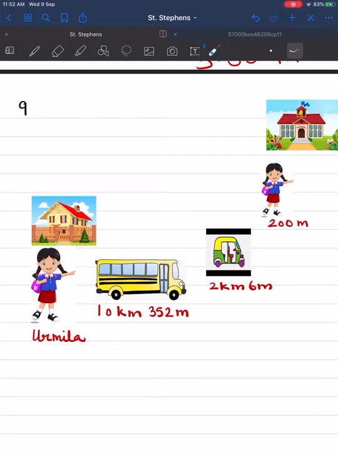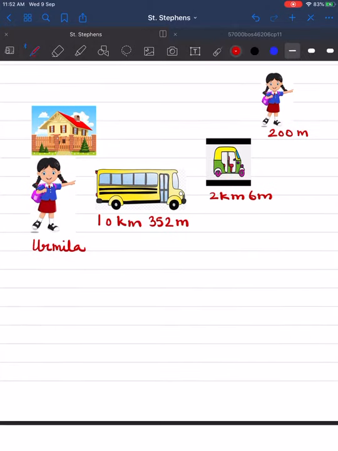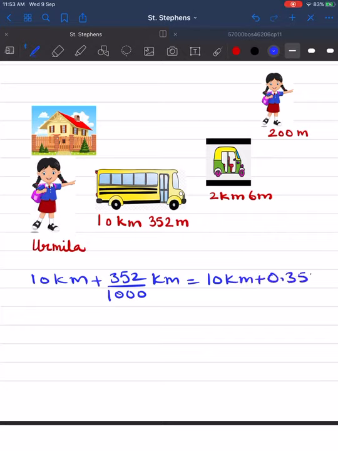So first let's convert all the distances into kilometers. So here we have 10 kilometer plus 352 upon 1000 kilometers. So we get 10 kilometers plus 0.352 kilometers. So here 10 is the whole part and 352 is the decimal part.